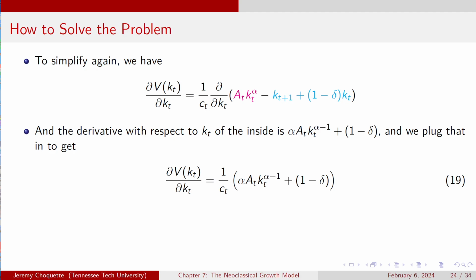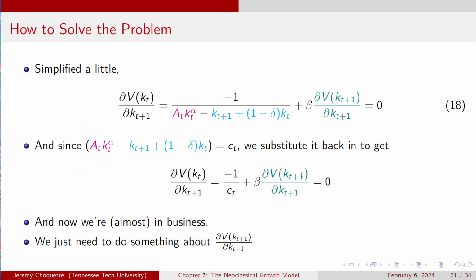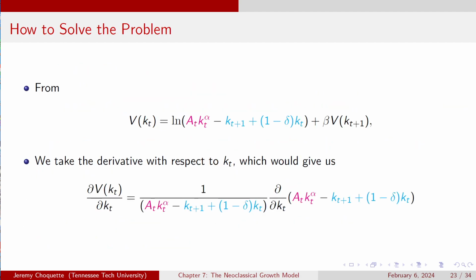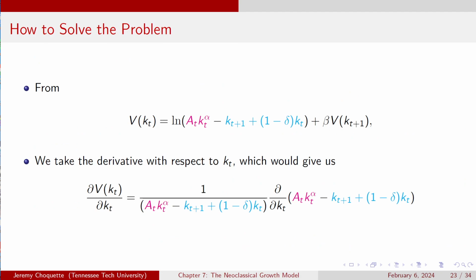So I'm really just one step away from my partial of v of kt plus 1 with respect to kt plus 1. Right? Because equation 19 is partial of v of kt with respect to kt. But if we go back a little bit, I need partial v of kt plus 1 with respect to kt plus 1. This is my partial of, where are we?